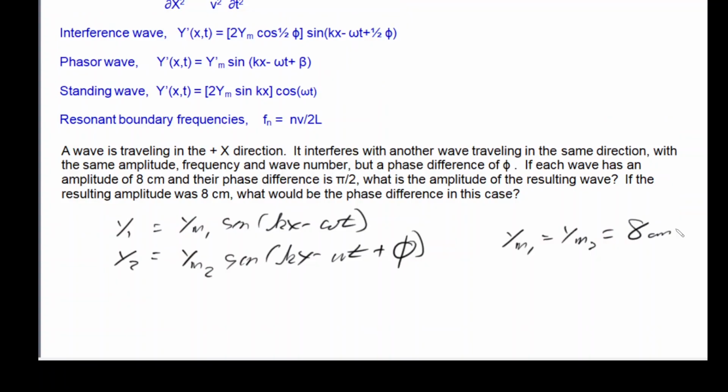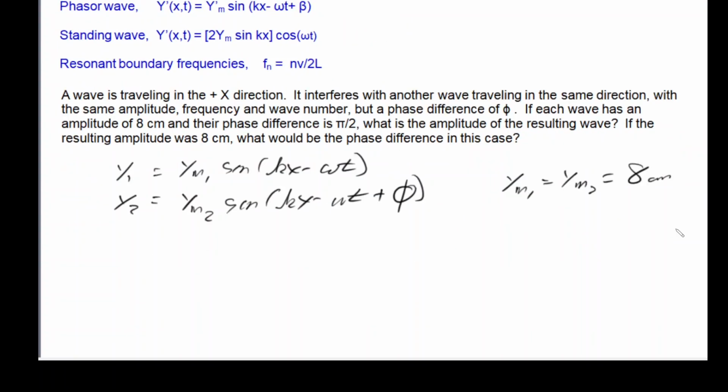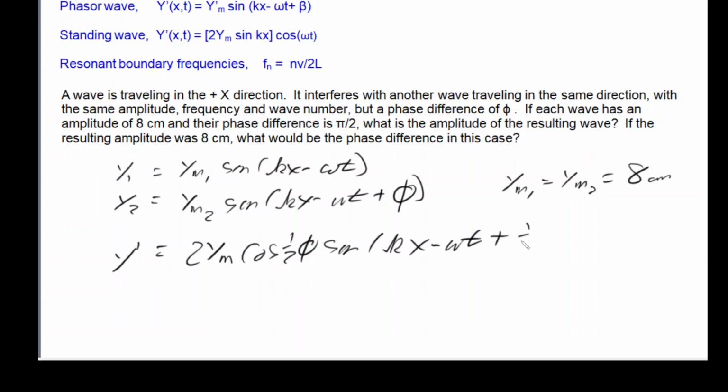And we know that the wave equation with wave interference is given by y prime is equal to 2 times y max times the cosine of 1/2 phi times the sine of kx minus omega t plus 1/2 phi.